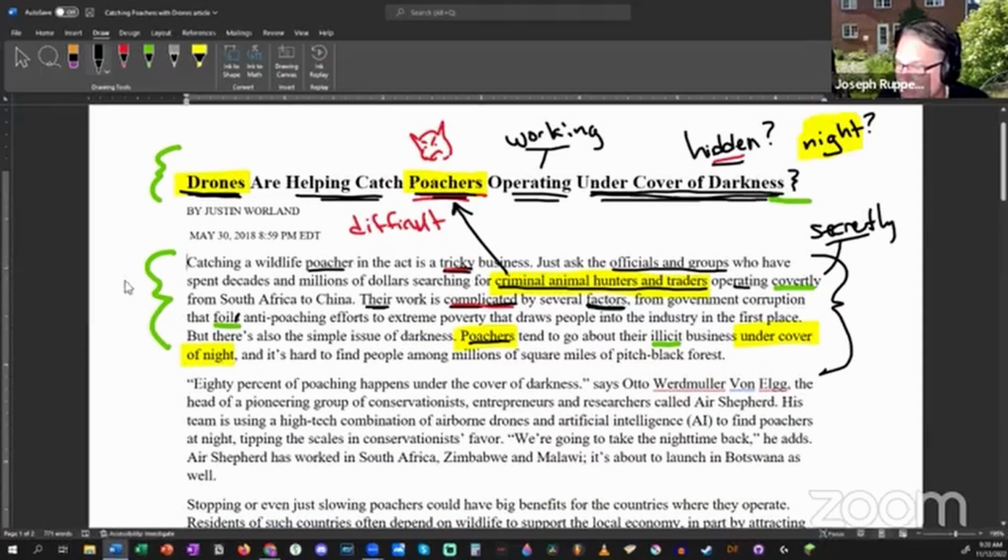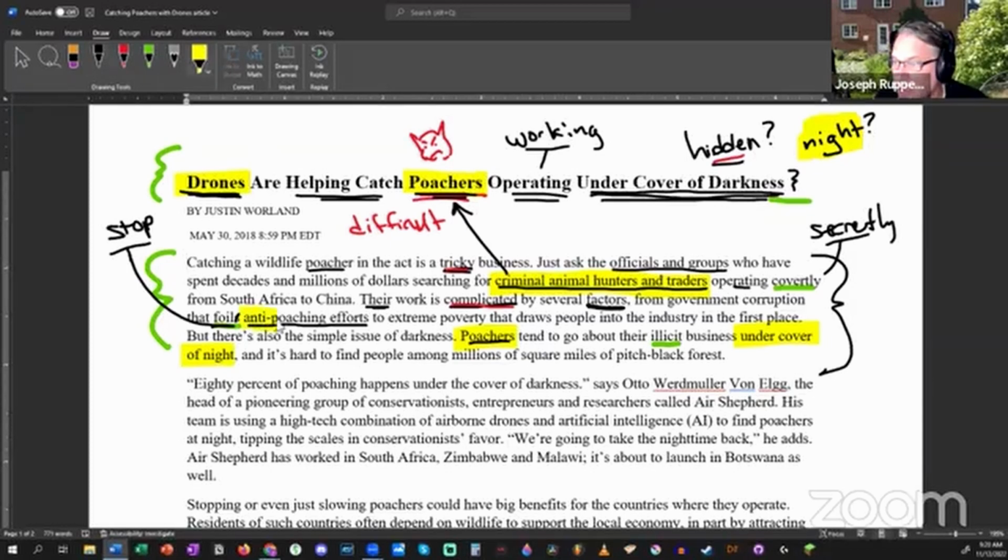So that stops, or factors that stop anti-poaching efforts. So meaning here they are trying to stop the poachers, but these other factors are stopping their anti-poaching efforts, right?